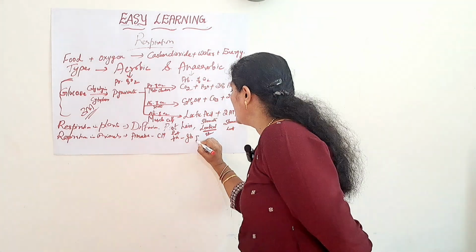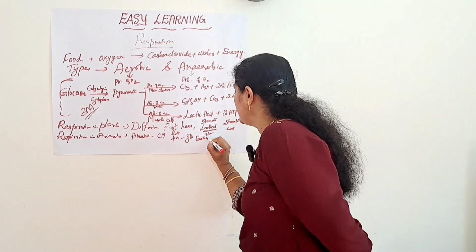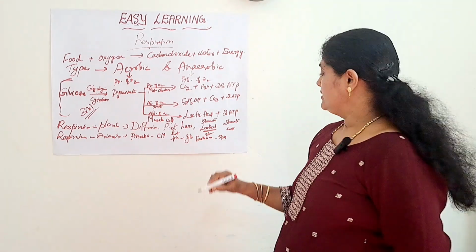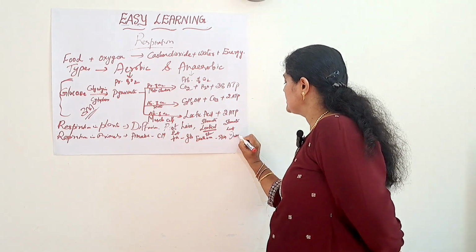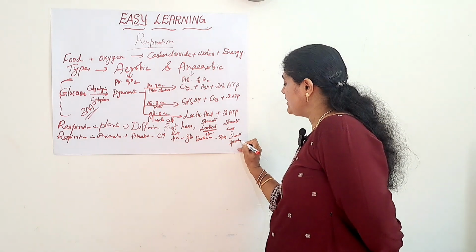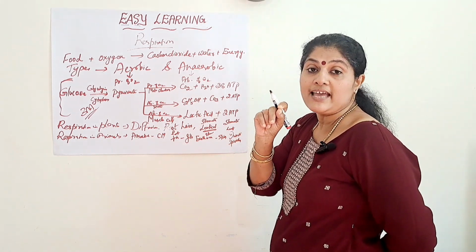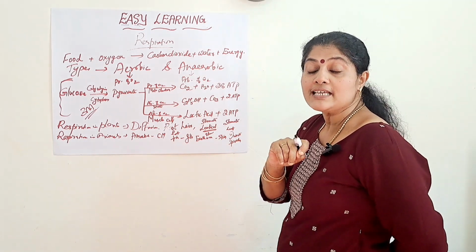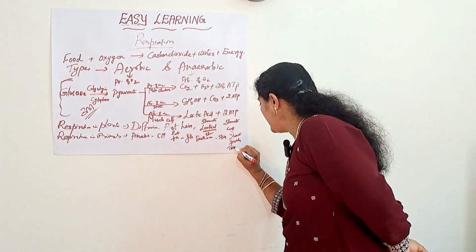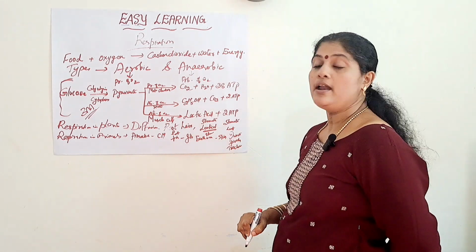In earthworm, it is the skin. And in insects, the respiratory organs are spiracles and trachea. Spiracles are the tiny holes present on the sides of the body through which air enters, and the air tube is known as the trachea.